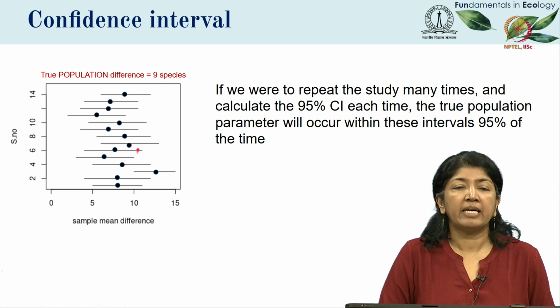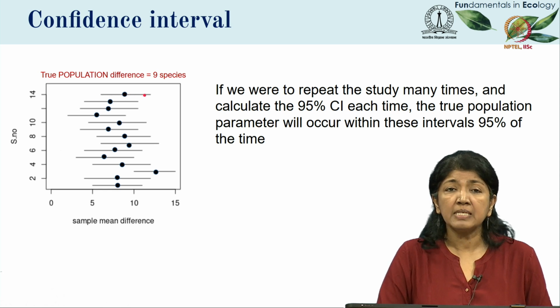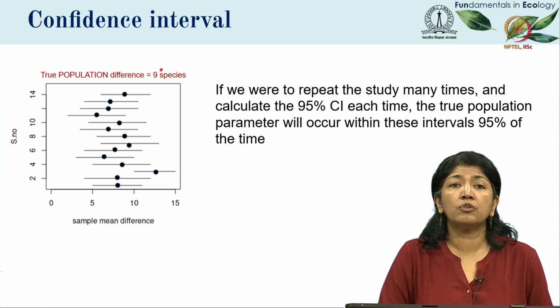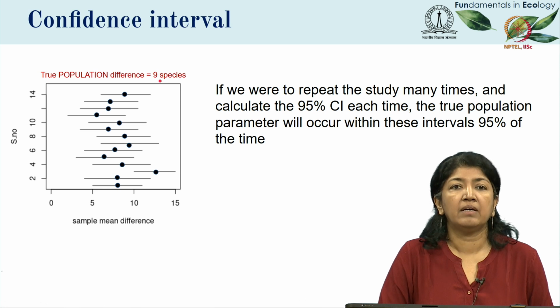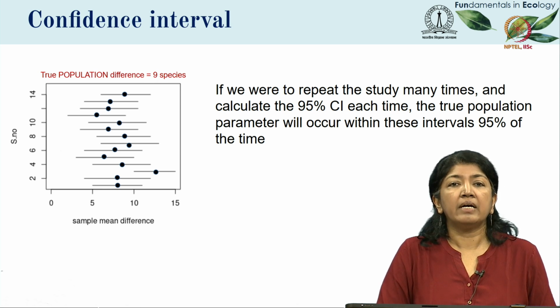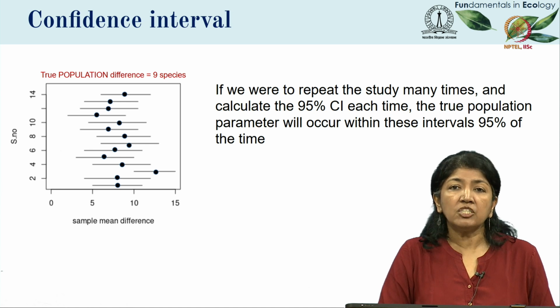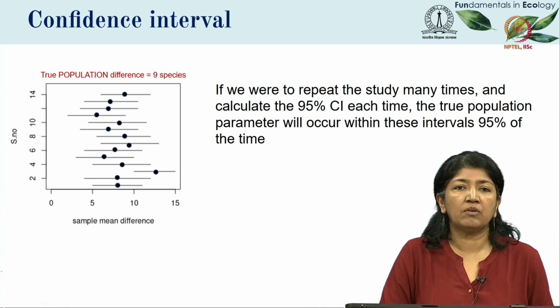So, you carry out the study many times, each time you calculate the sample mean and the confidence interval around it. Suppose we know that the true population difference is 9 species between large and small habitat patches. The 95% confidence interval represents the interval in which the true population parameter will occur 95% of the time.